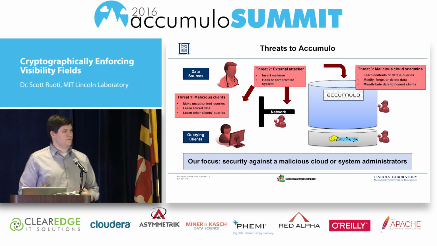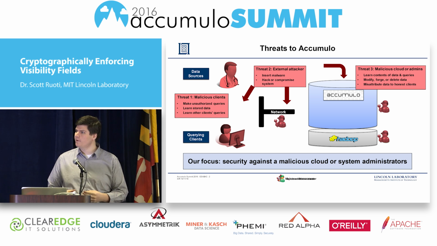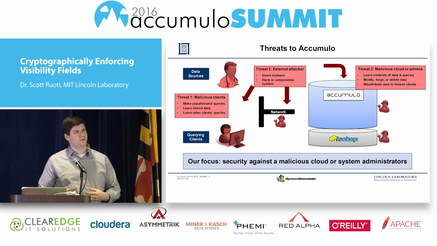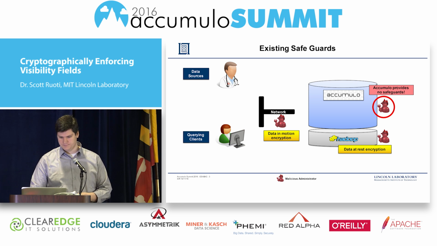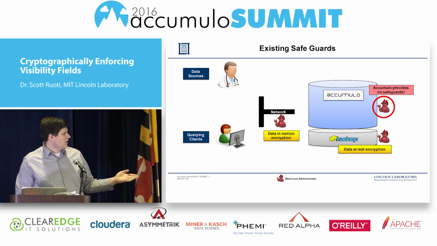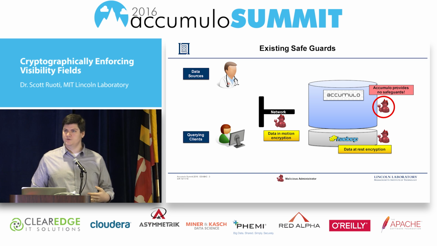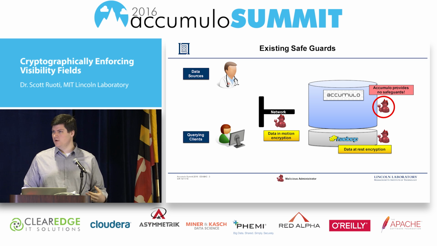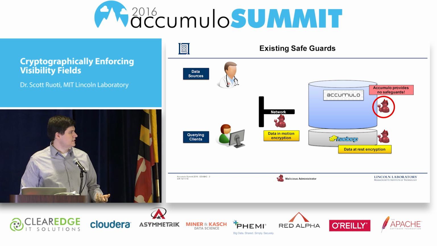Our focus is specifically on this third area, looking at what we can do to protect Accumulo against a potentially untrusted Accumulo server administrator. So we can look at what existing safeguards there already are in Accumulo. If we talk about storing data in Hadoop, we can use data at rest encryption. Hadoop supports that, and we can encrypt the data while it sits stored on disk.